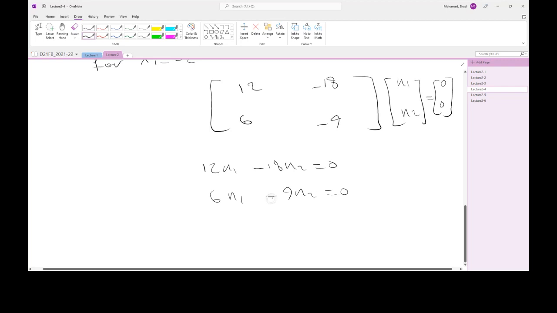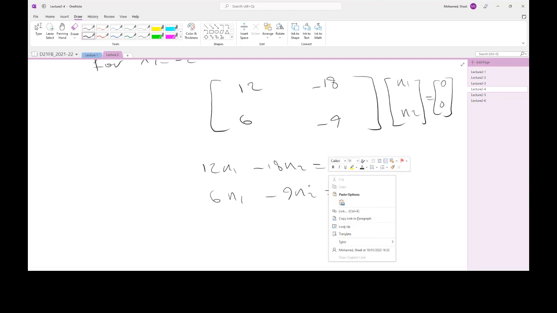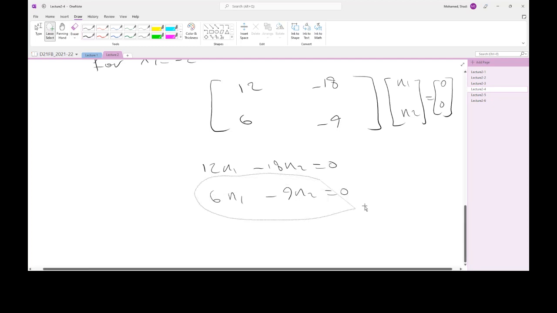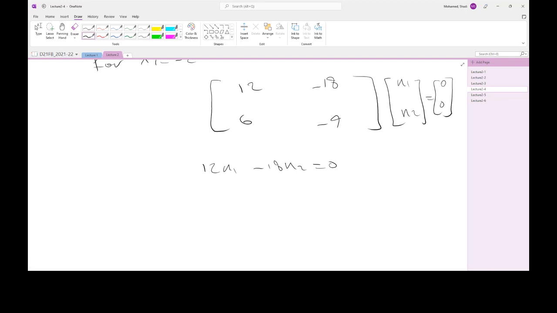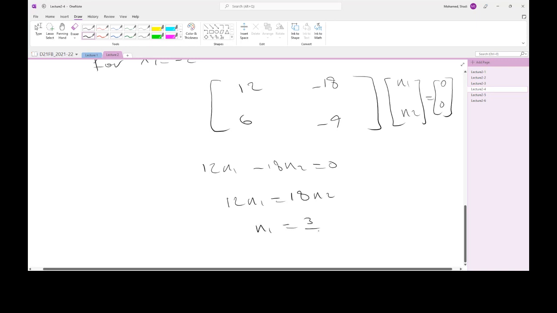So it's basically you have only one equation that you need to solve for two unknowns. One equation and two unknowns. How many solutions do I have in this case? It's an infinite number of solutions, because I can simply write this as 12 n1 equal to 18 n2, or basically I write n1 is equal to 3 divided by 2 n2, right? I just divide 18 by 6 and 12 by 6.